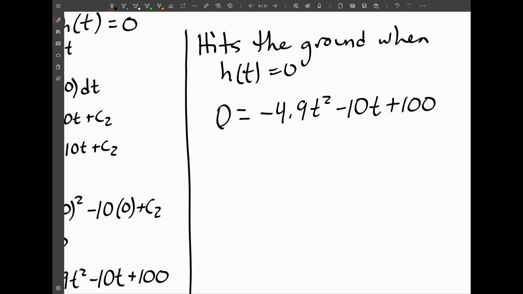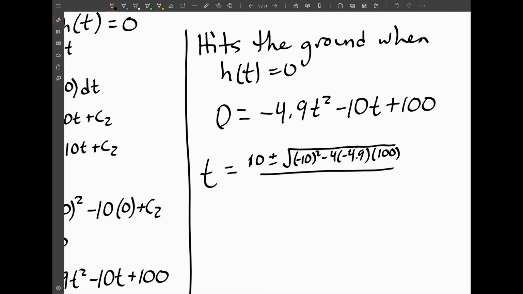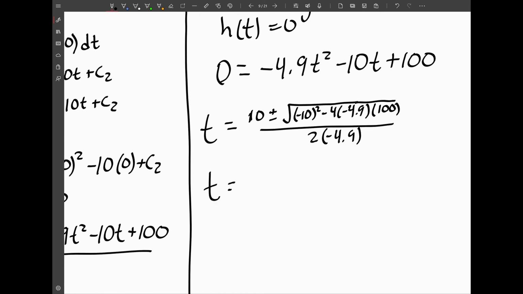So to find our t values, I'm just going to bust out the quadratic formula. This is going to be 10 plus or minus the square root of negative 10 squared minus 4 times negative 4.9 times 100, all over 2 times negative 4.9, which simplifies to 10 plus or minus the square root of 2060 all over negative 9.8.